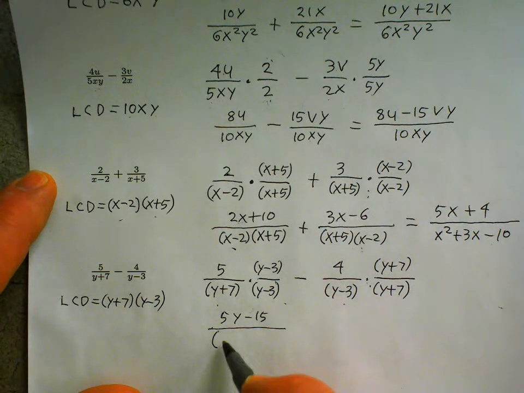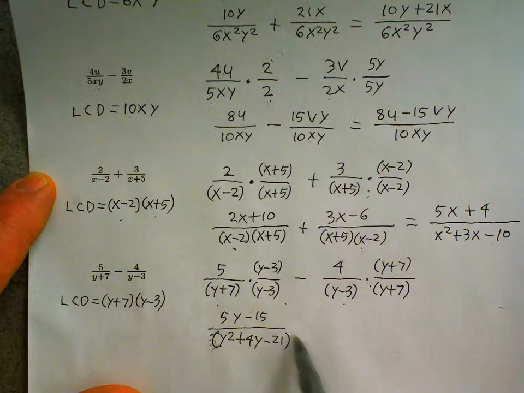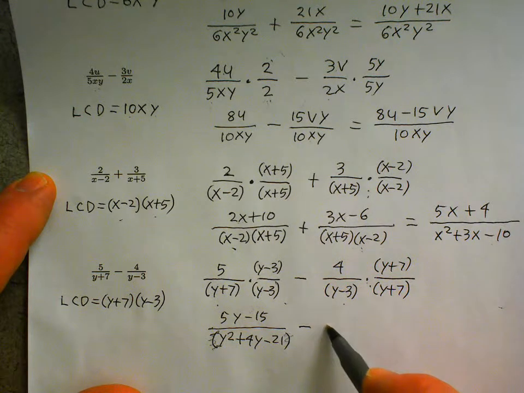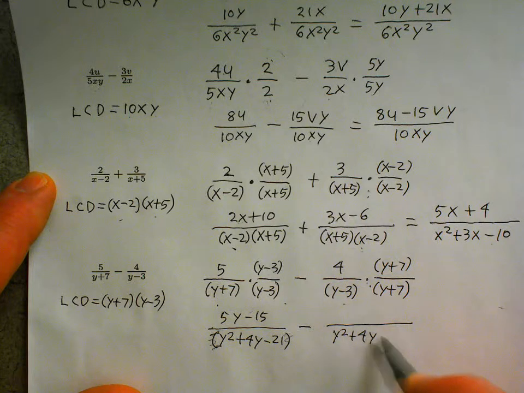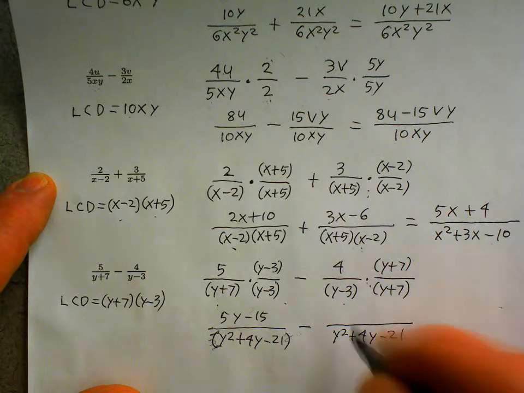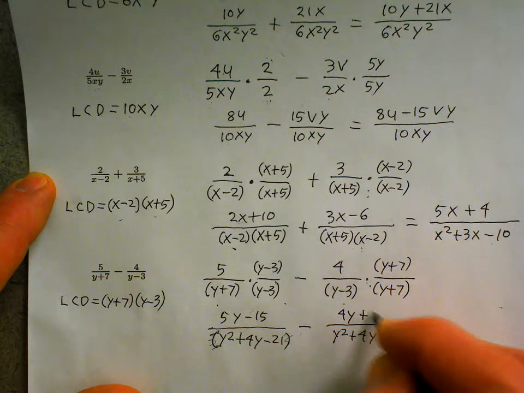I'll go ahead and multiply those, and we get y to the second plus 4y minus 21. When we multiply, we don't really need the parentheses around the trinomial. Then we're going to subtract this rational expression with the common denominator, y to the second plus 4y minus 21. So this numerator is 4 times the binomial y plus 7, or 4y plus 28.